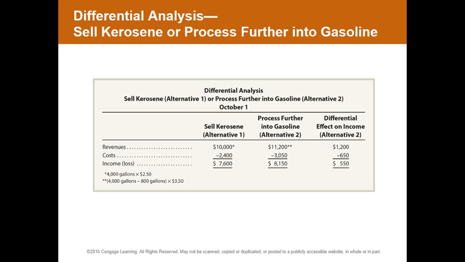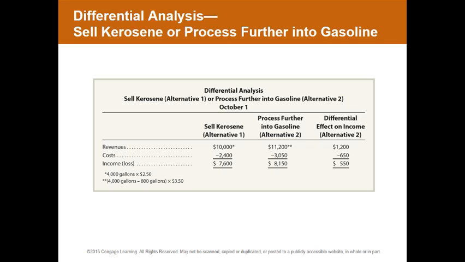Now, if we were to sell kerosene, we would have $10,000 of revenue come in. We would have costs of 2,400, yielding 7,600 on kerosene.